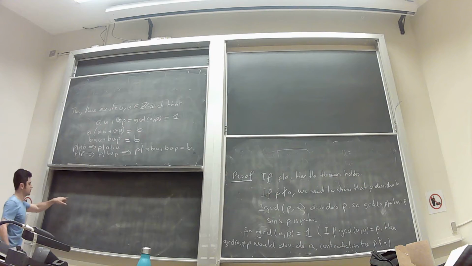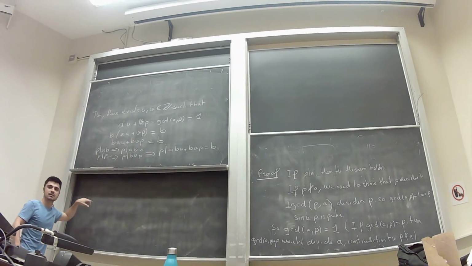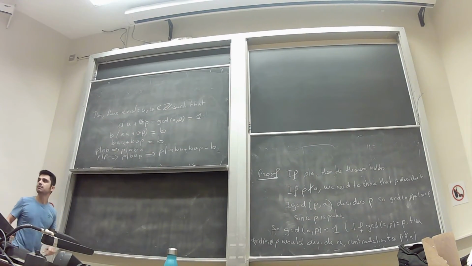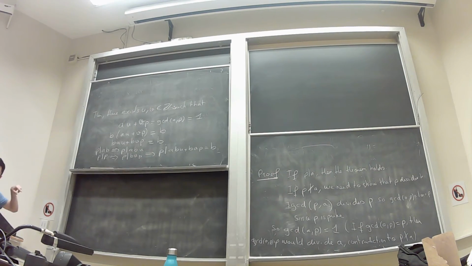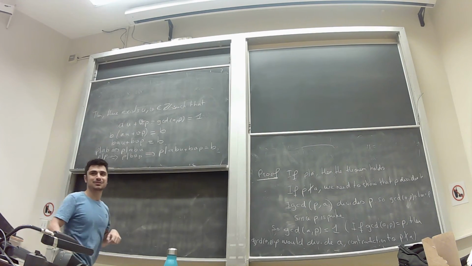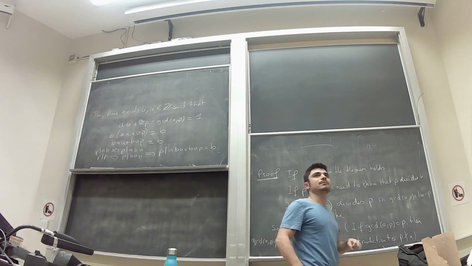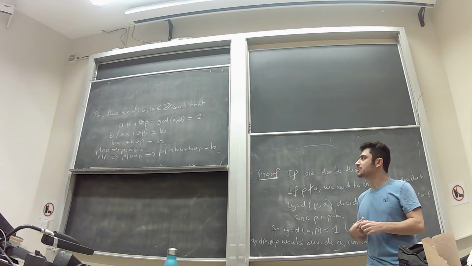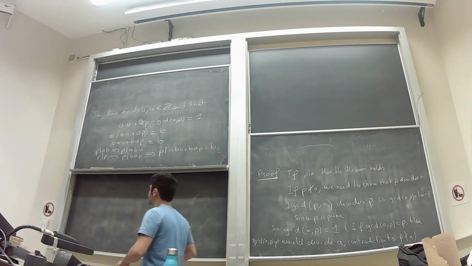If P is 4, A and B are 2, P divides AB, and P does not divide A, and does not divide B. Very good. Prototypical example: P squared is P times P. Anyways, great.